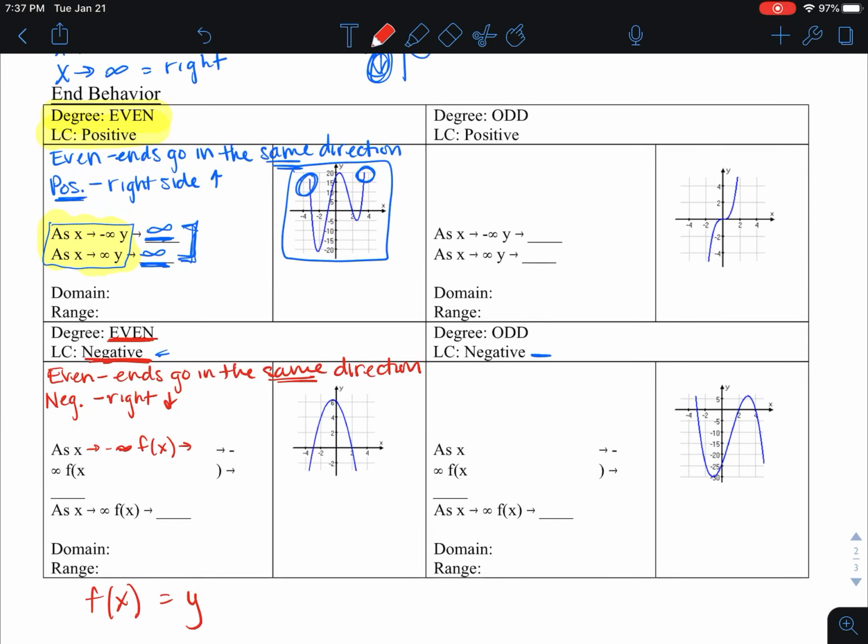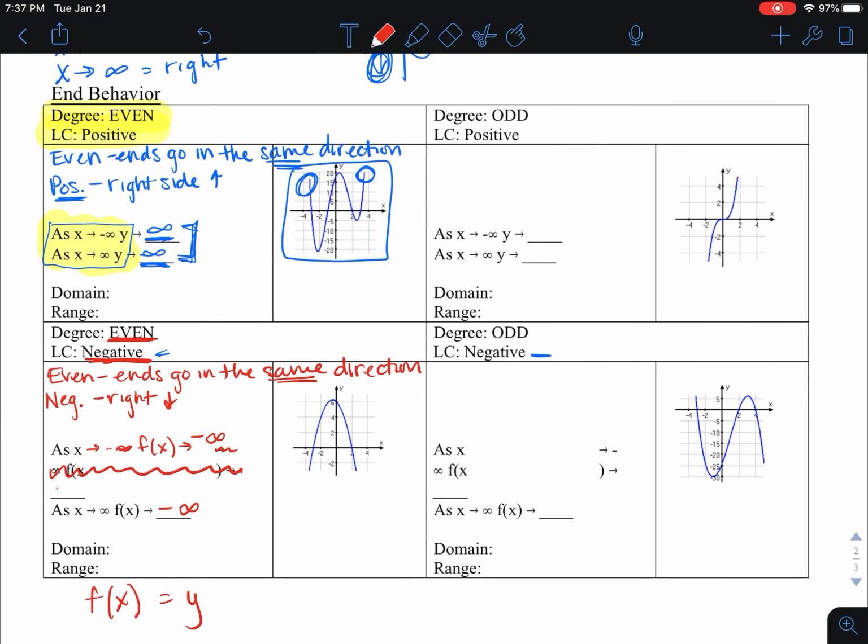Scratch that out; your paper should be correct, so don't worry about that. The right-hand side is going down, so that is negative infinity, which means the left side also has to go down.